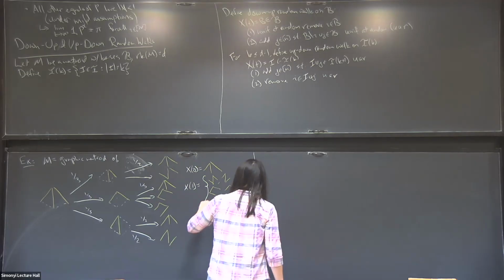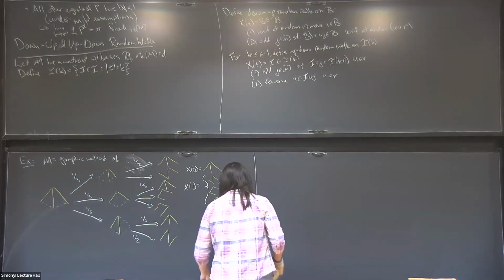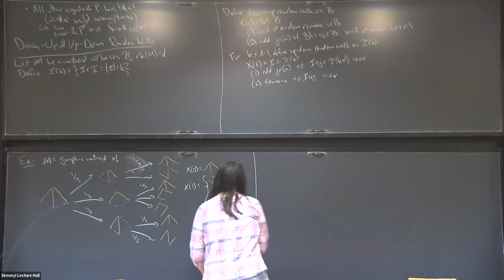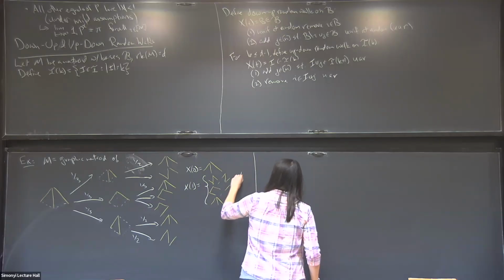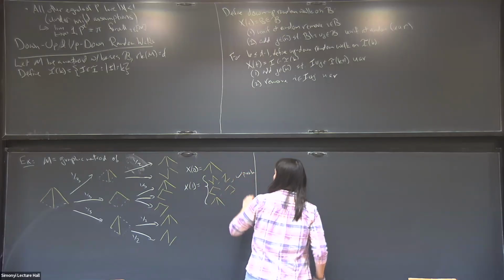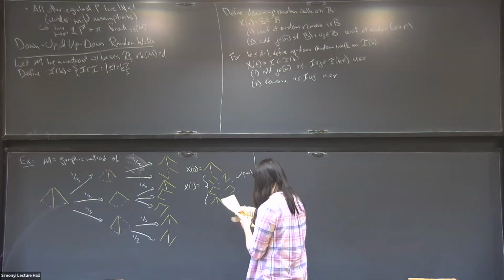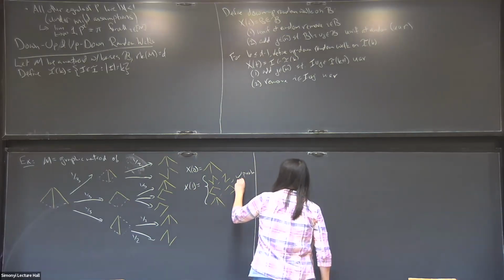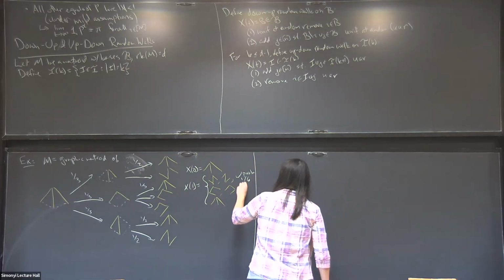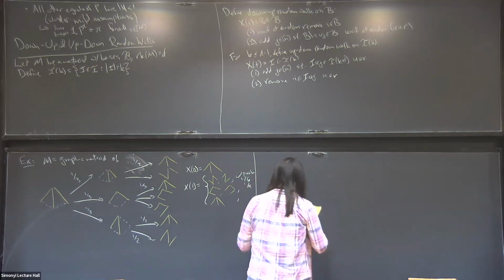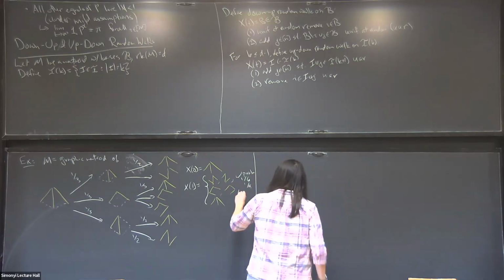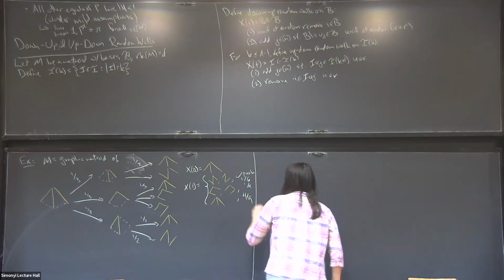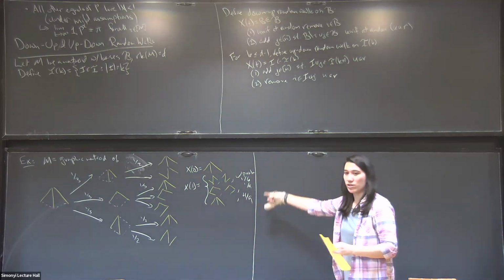Or it could be the claw graph itself. And these happen with probability 1/6. These are probability 1/9. And this is probability 4/9. Hopefully, if I did my math right, those should add up to 1.